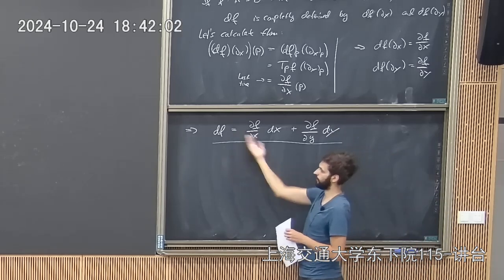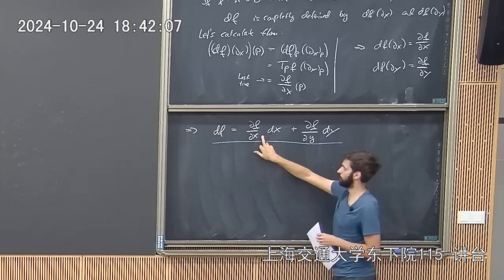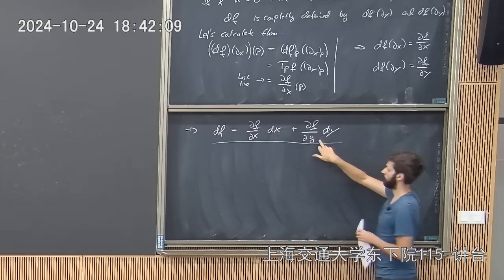If you don't think too much about that, then you would say that df is something where we take the partial derivative in x direction, dx, plus the partial derivative in y direction, dy.